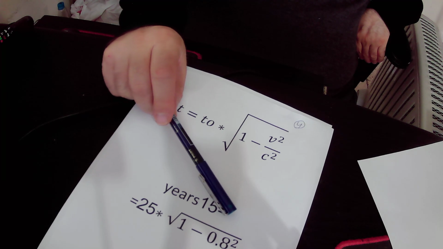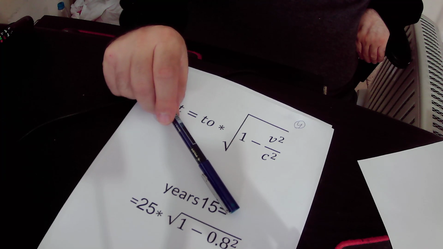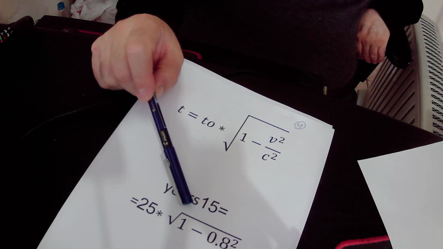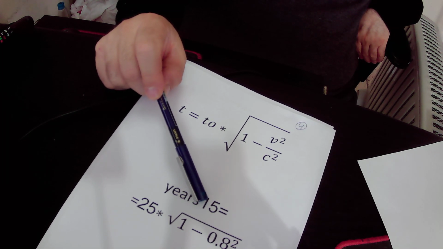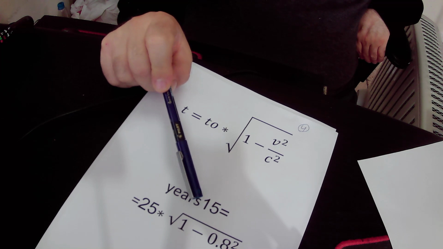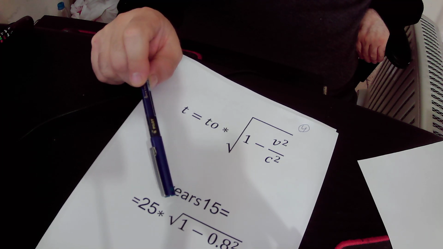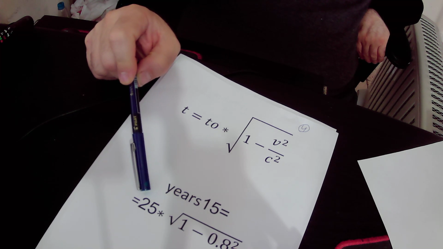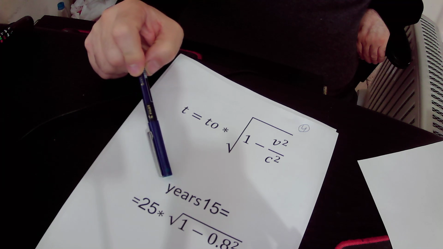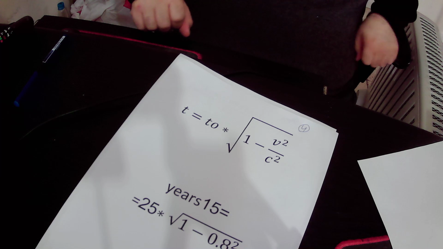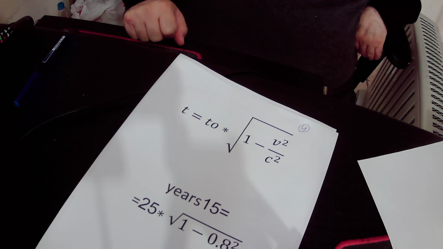And when we square 0.8 we get in total 0.64, and 1 minus 0.64 is 0.36, and the root of 0.36 is 0.6, and when we multiply it by the 25, the final result is 15 years. So in the spaceship, the total time that is passed is 15 years only.